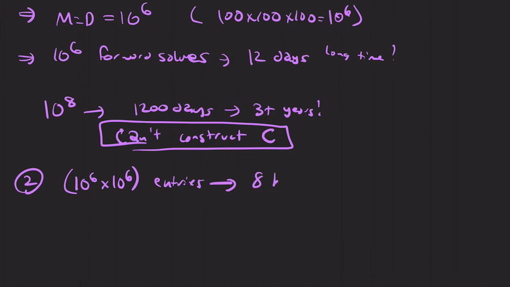So if we do double precision, 8 bytes per entry, that's 10 to the 13th bytes, or 10 terabytes, which again is only for a 100 by 100 system.